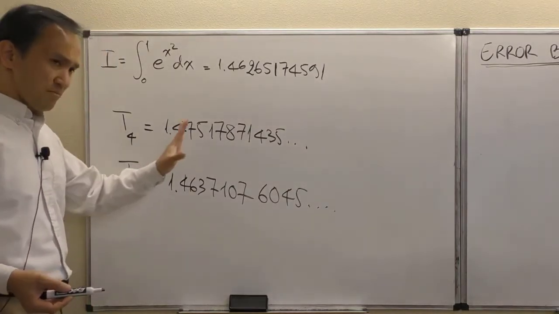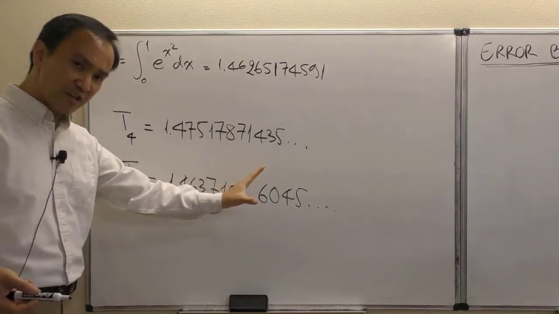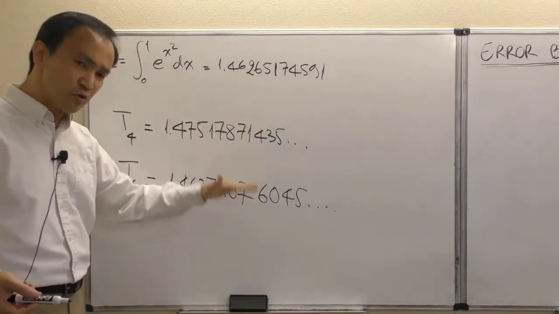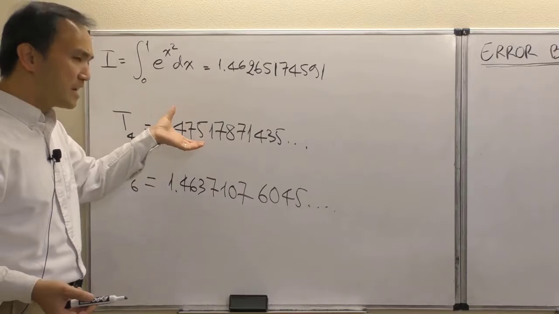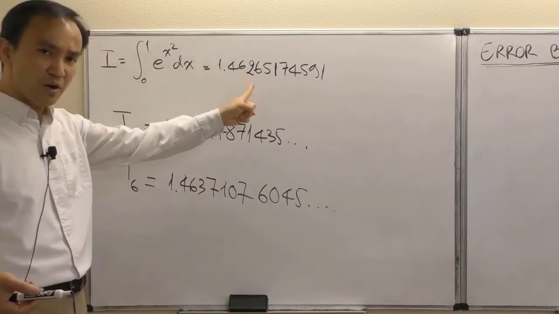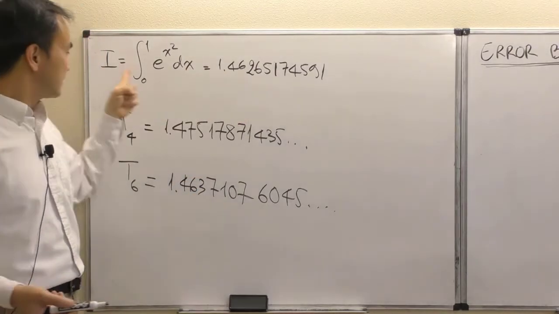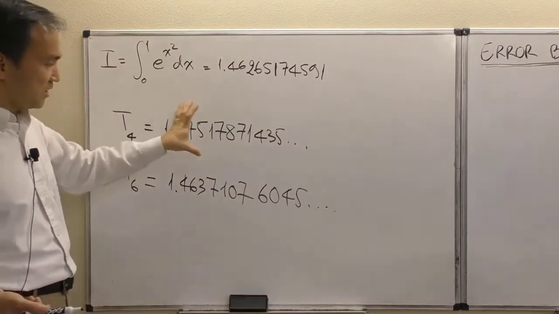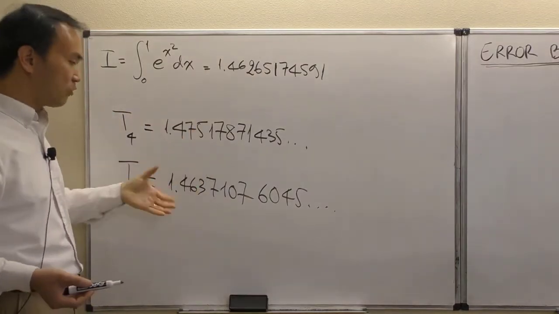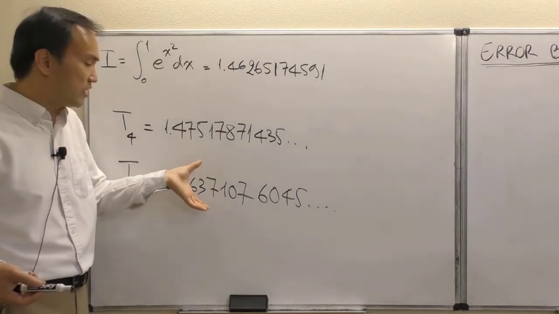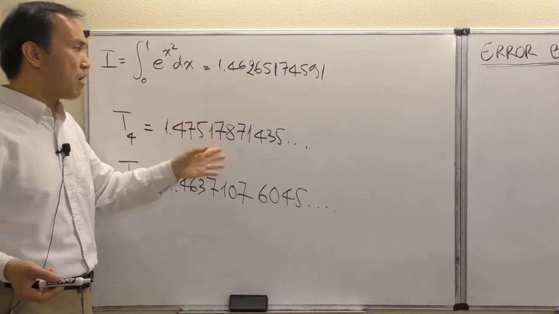And back to what I was saying earlier, I already put into your awareness that none of these answers is the real answer to that actual definite integral. Any of these answers we found was only used as an approximation to the real answer.